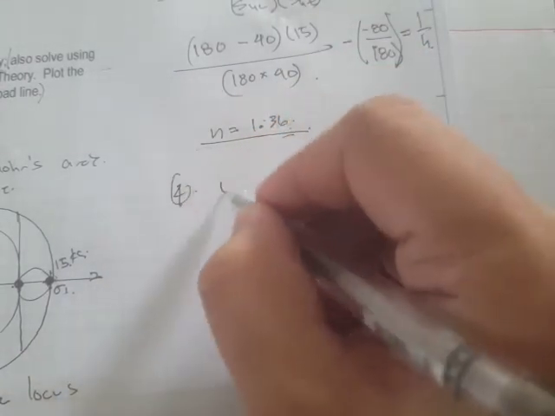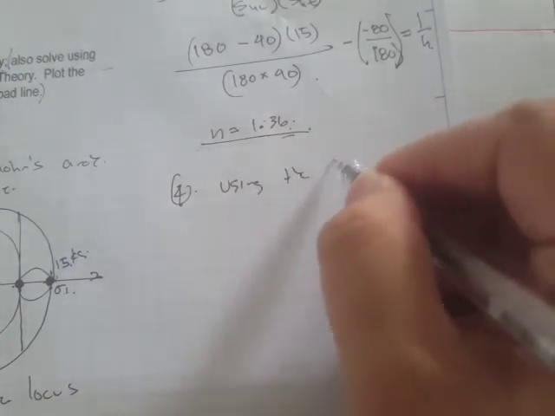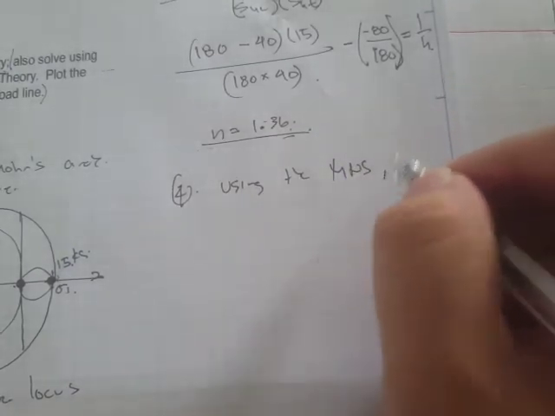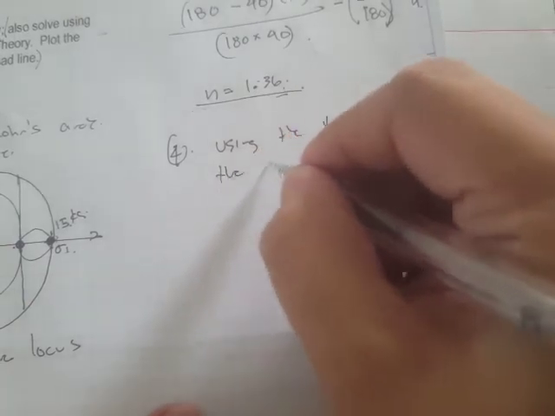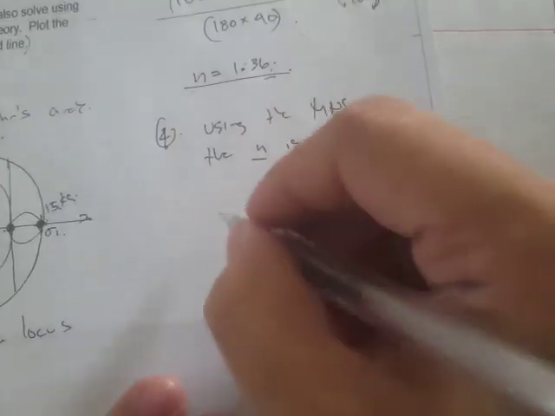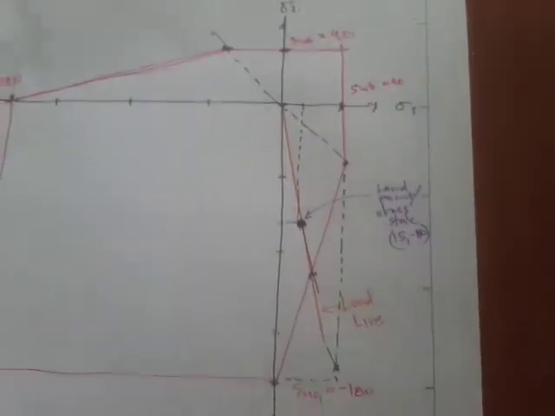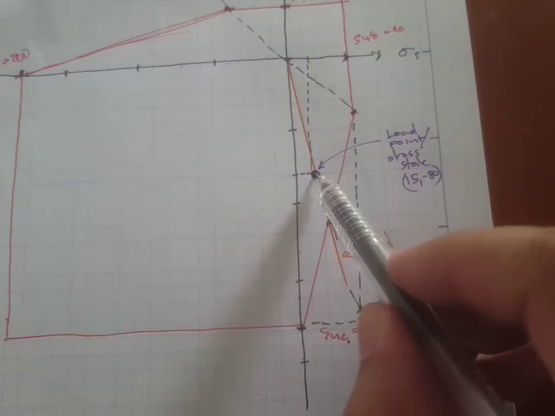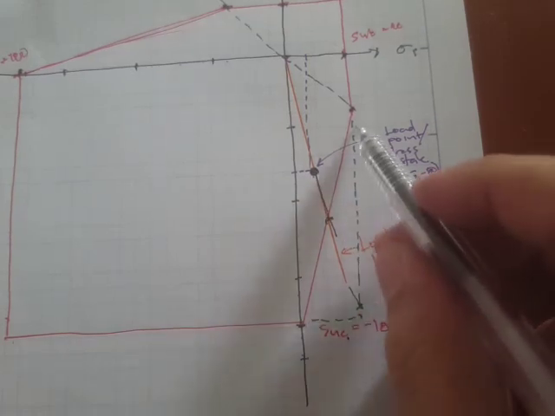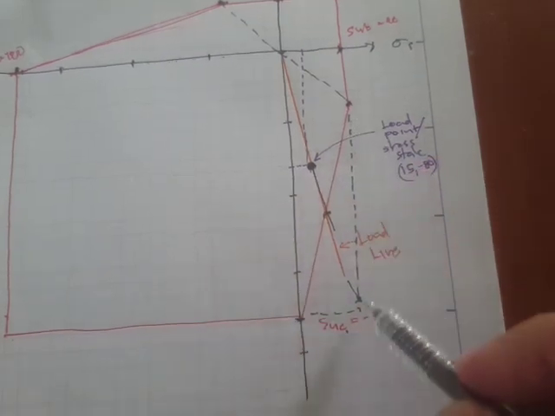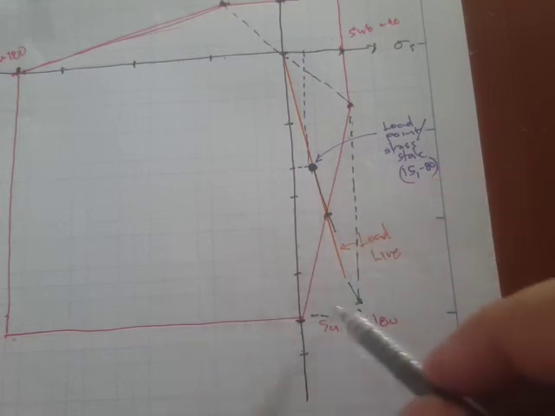Now, if we try using the maximum normal stress, the factor of safety n is simply SU divided by sigma 1. Going back to the plot, here's our load point, and this will be the boundary of the maximum normal stress, the green one.